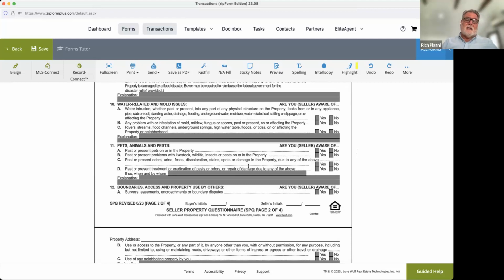I tell sellers, if they have pets and they've checked yes, then say, yes, I have a cat, or I've had this, or I've had that. Because a lot of times they just check it and don't do anything with it. But people may have a huge sensitivity to cats.